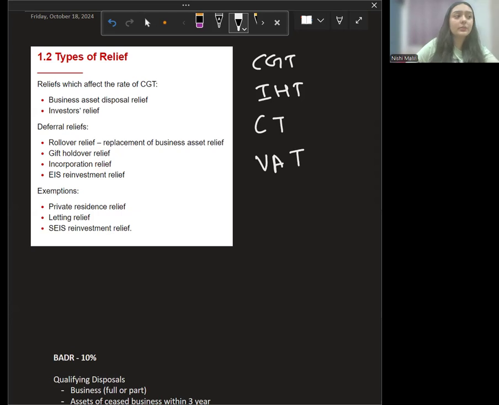All of that will be the CGT part. If she gets a gift from someone, then the IHT part. Employment, then the employment income part. If she starts a new business, then the unincorporated business part. And then the VAT part will also be considered. The most important part is CGT, but all four are the most important, so you can't choose one. Today we will discuss the reliefs of CGT.